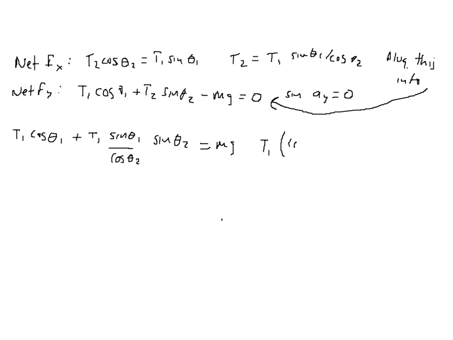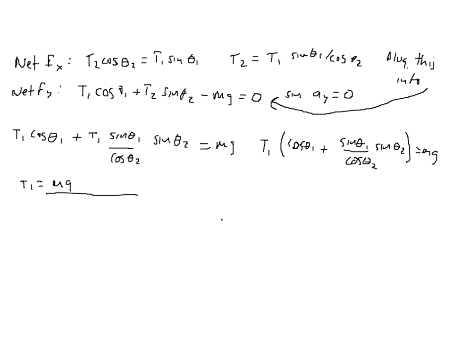We can do that over here. T1 is cos theta 1 plus sine theta 1 over cos. Keep forgetting that s in cos. Theta 2 times sine theta 2 equals mg.